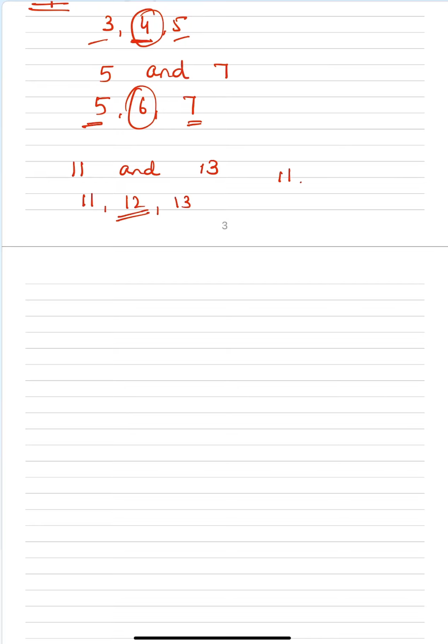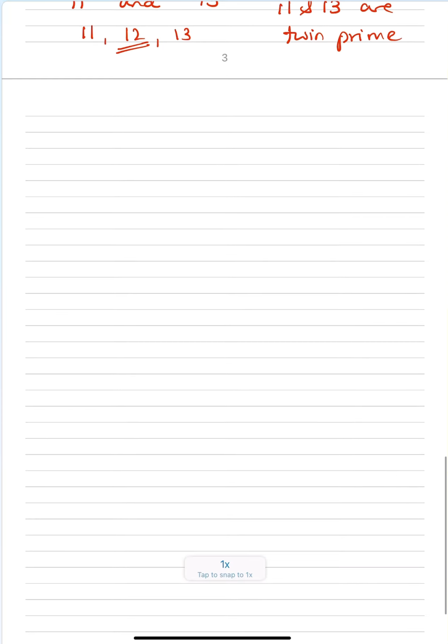So 11 and 13 are twin prime numbers. Got it? There should be only one composite number between two prime numbers. Then those numbers are called twin primes.